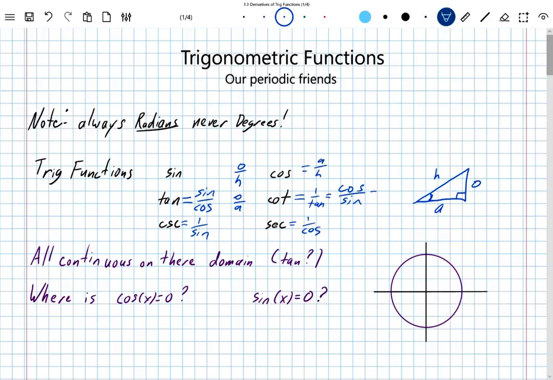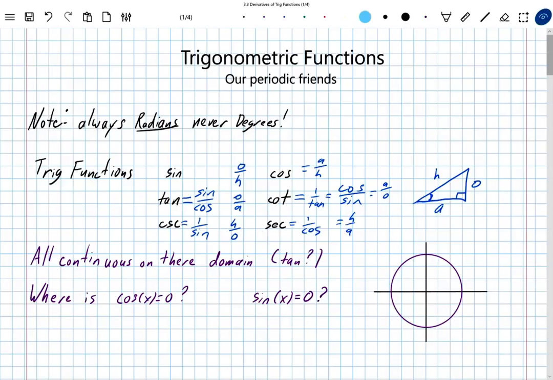Cotangent is adjacent over opposite. Cosecant, 1 over sine, just means flip it, so that's hypotenuse over opposite. I know those O's look like zeros, but they're not. It's just a shorthand to remind you of something you hopefully learned in the past. And secant is hypotenuse over adjacent. So if you just know these three ratios, you can figure out the others because they are just flips. Okay, probably the better way to think about these, though, is on the unit circle, which we'll talk about in a second.